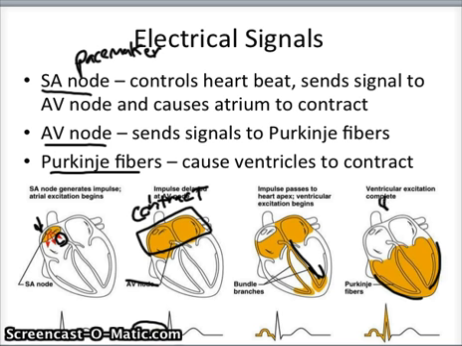All right, so the ventricles are contracting. So that is shown by this wave right here, the QRS. And you notice how much bigger this wave is to the other one, and that's because these are stronger muscles, so there has to be a stronger impulse for those ventricles to contract. All right, so that is the SA node, AV node, and Purkinje fibers.